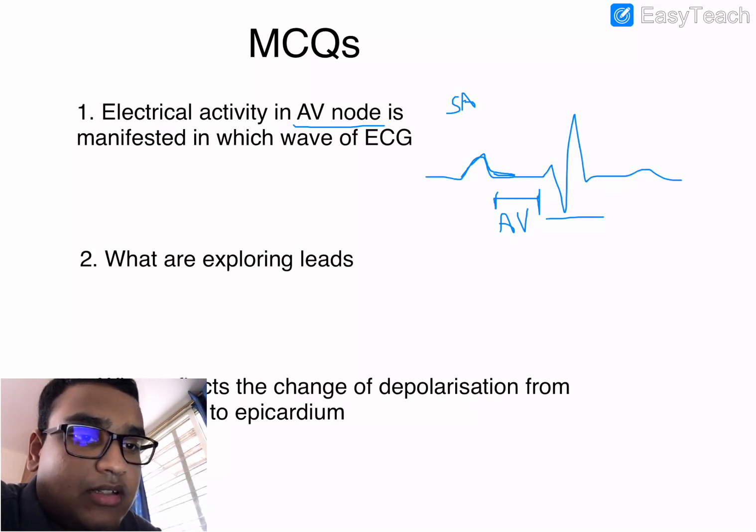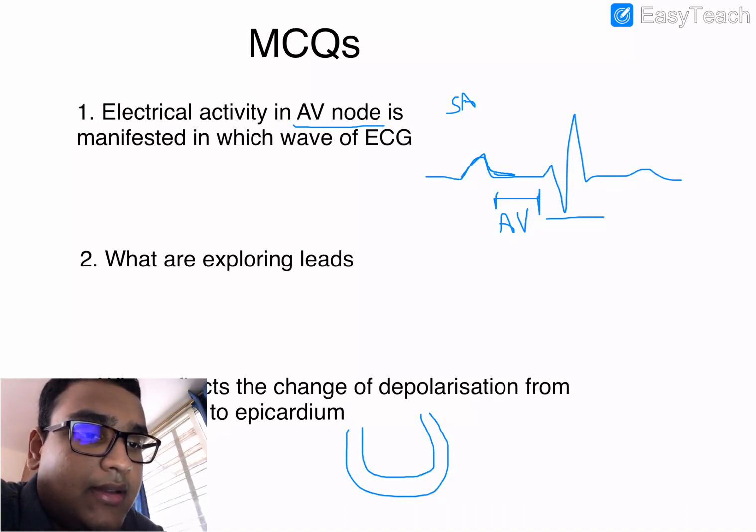So what the question is asking is, this is the cardiac left ventricular wall. Whenever there is electrical activity, it can either go from endocardium to epicardium or epicardium to endocardium.